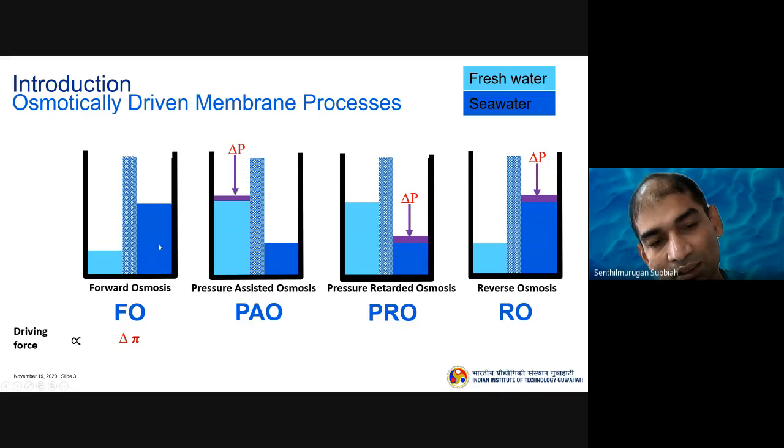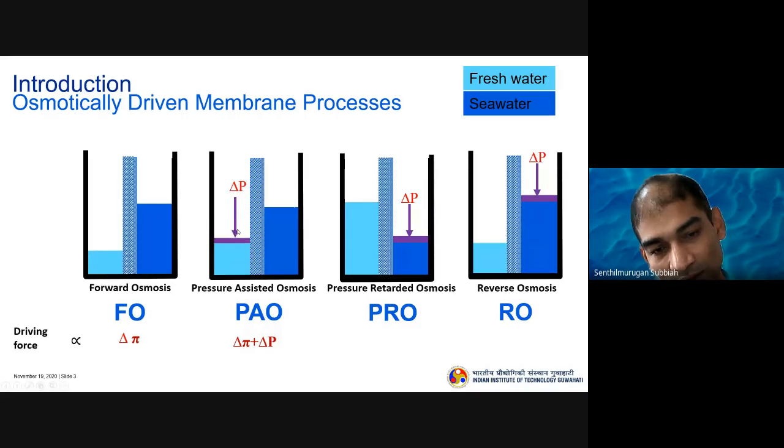Similarly, in a pressure-assisted osmosis process, we apply an external pressure along with the osmotic differential force. We have a delta pi, and along with it we apply a delta P that will increase the flux in addition to the delta pi driving force. This means that if we need more flux, we need to apply a delta P, the differential pressure, which is equal to P1 minus P2.